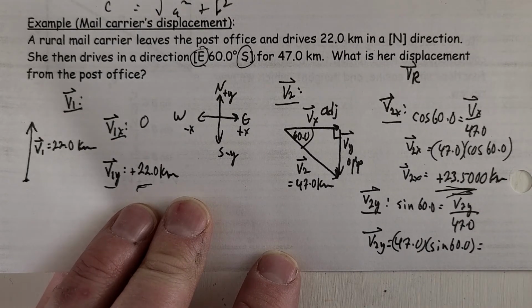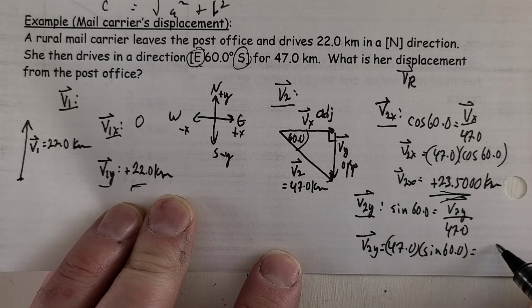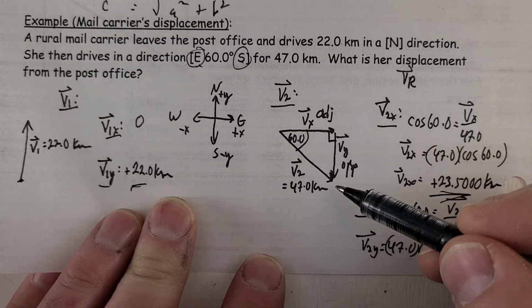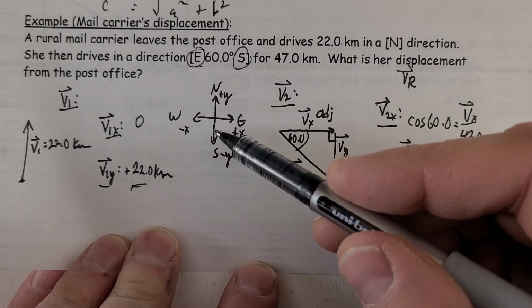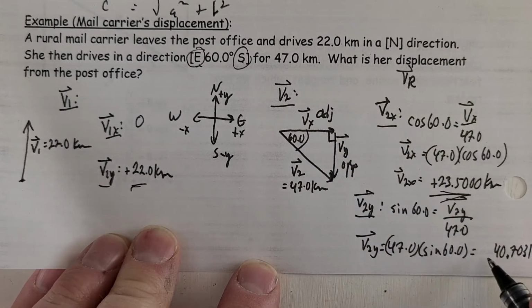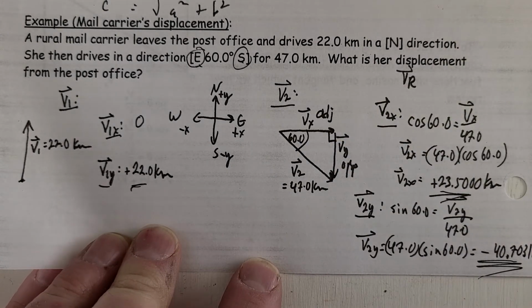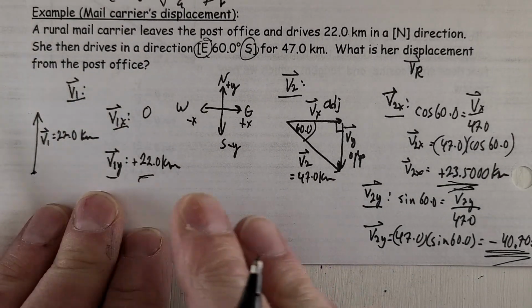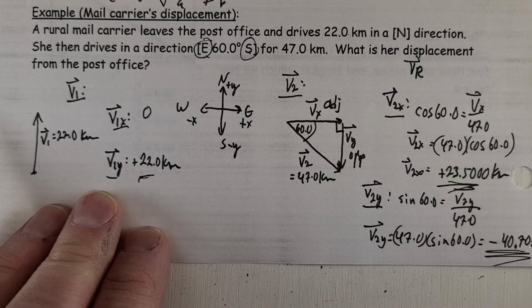And this time I get, let's see here, 40.7031 kilometers. Now look at this, it's pointing straight down, south. That's negative y, so I'm going to have to put a negative in front of that. All right, so there, I've resolved both of these vectors down into x and y movements.